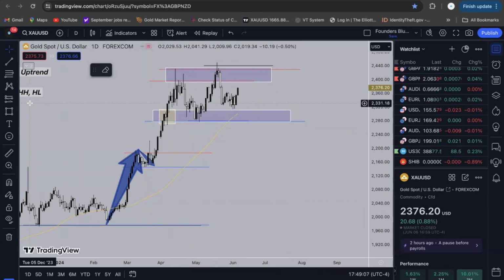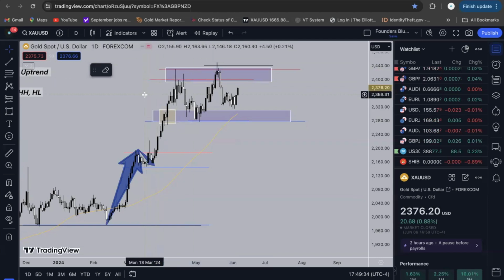How we can look at pullbacks is the further that it expands, the more momentum that will be created. So the more momentum that is created, the more it can go to that next level. Our last level was 2,400.